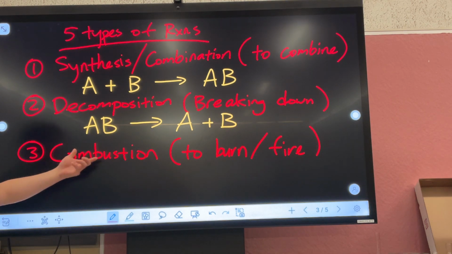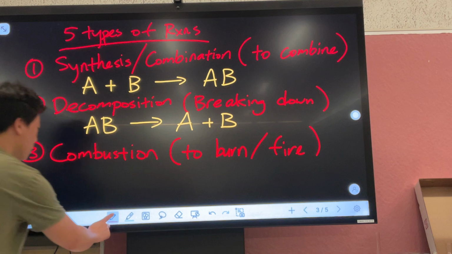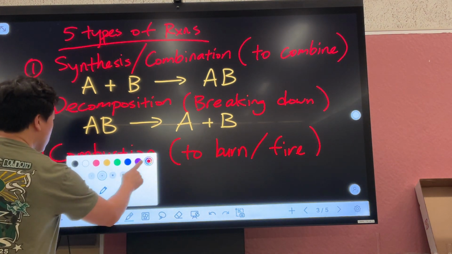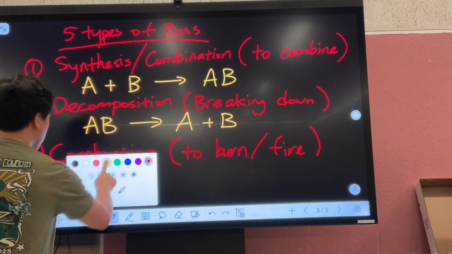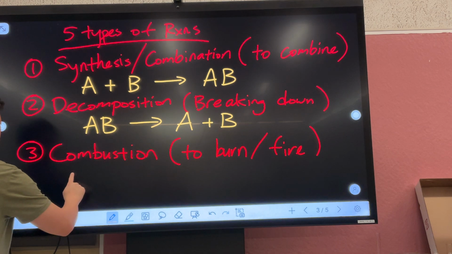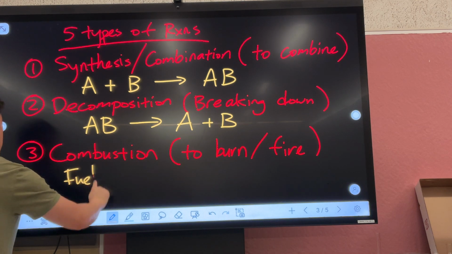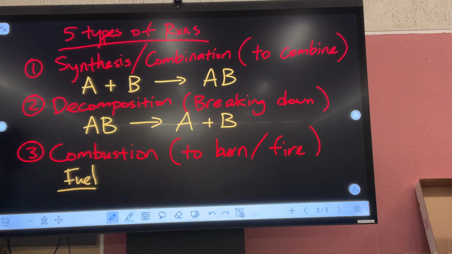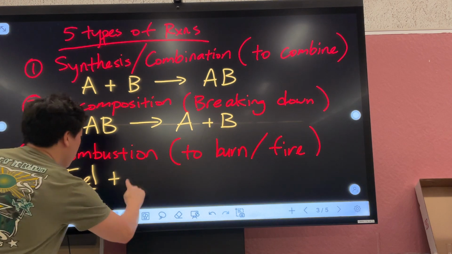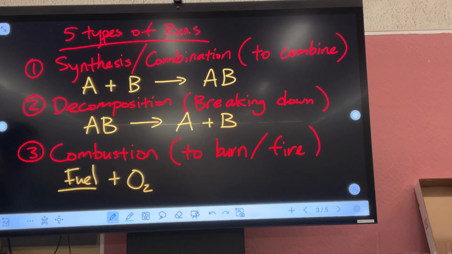So for something to burn, you need a fuel. The fuel always contains carbon. Plus, what else do you need to burn? Oxygen gas, O2. You need to have O2.